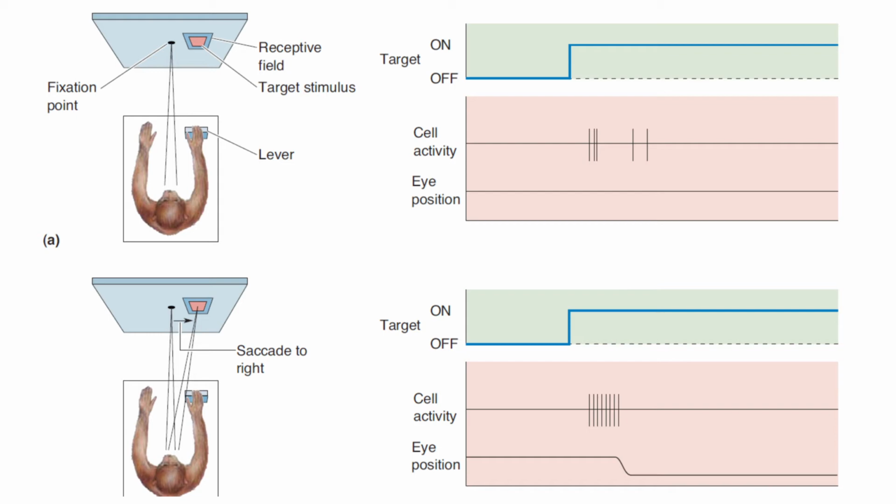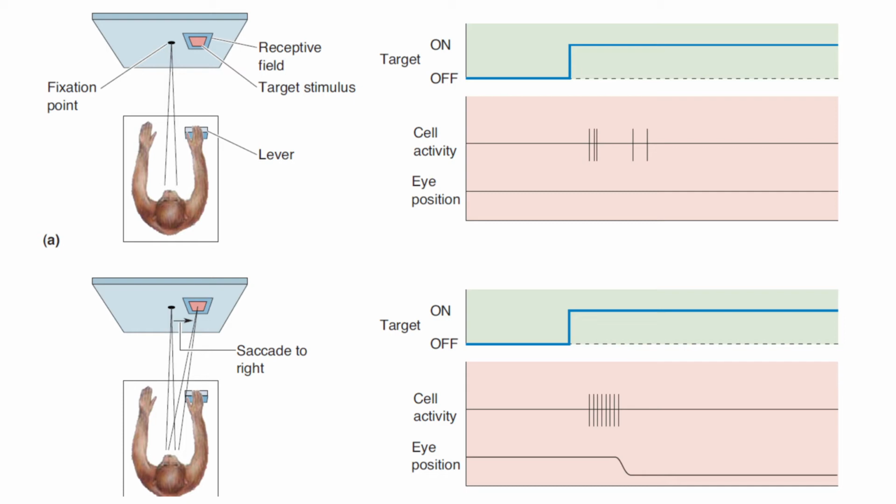So, for example, 90 degrees, 45 degrees. When you put the stimulus there, the neurons respond selectively to that specific space. So we call that receptive field.